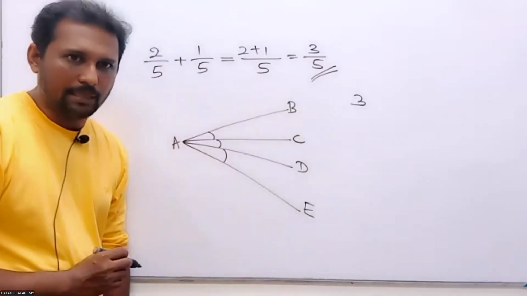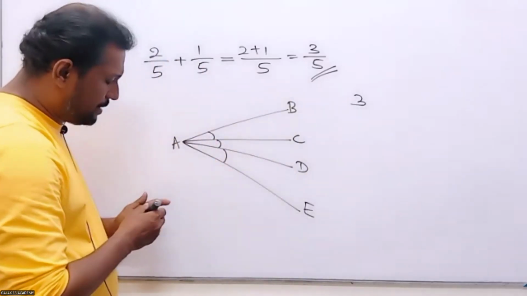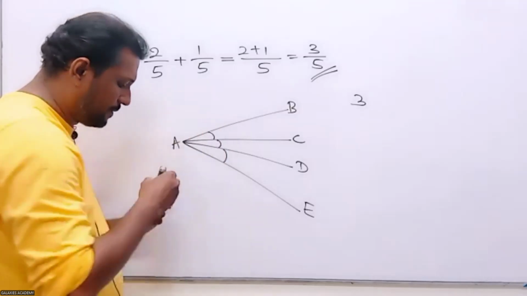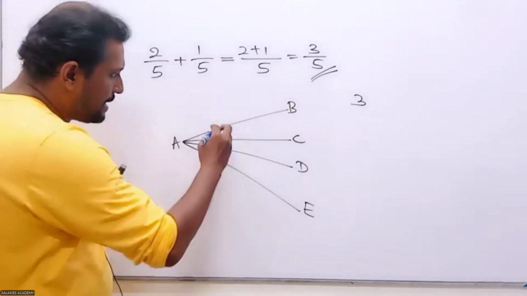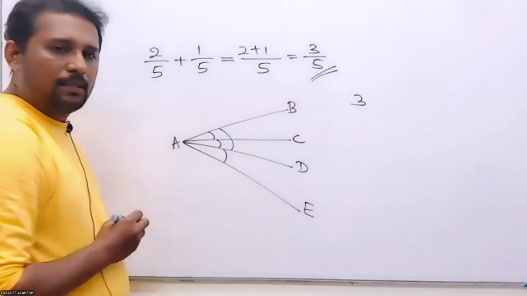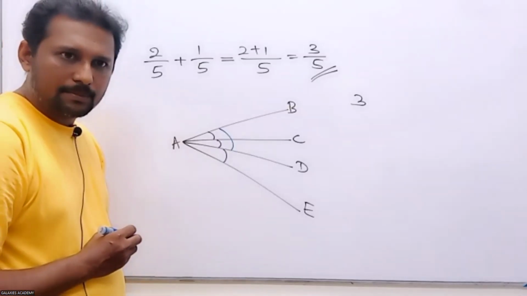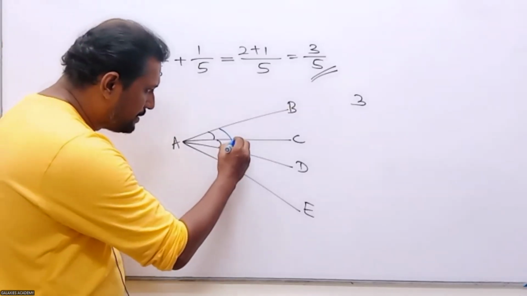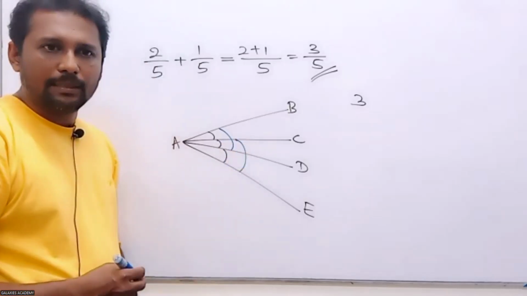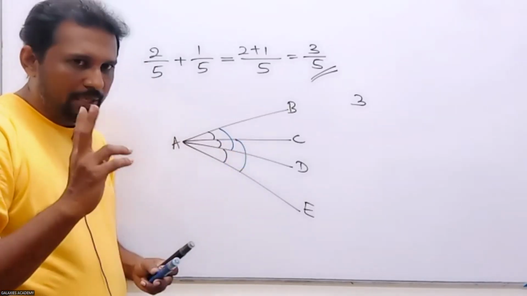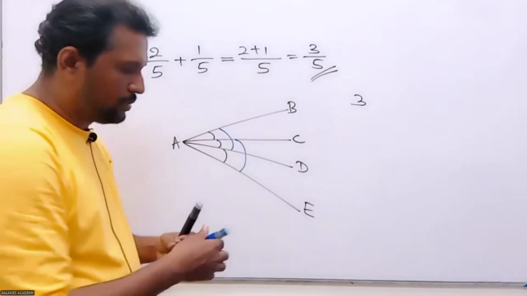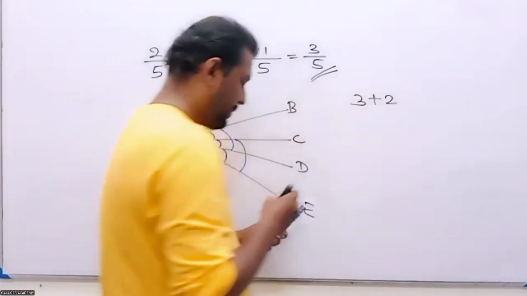3 acute angles. Now I can draw like this. Look at this angle. It is another acute angle. And this one, it is another acute angle. So now how many did I draw? Another 2. 5.